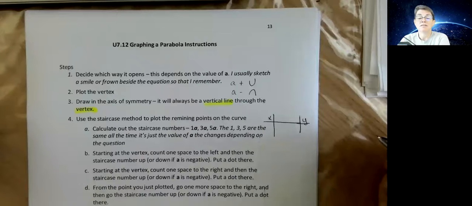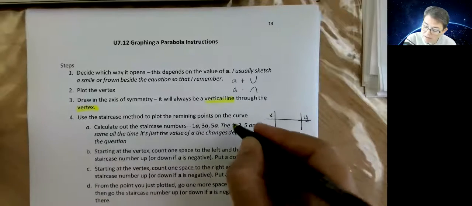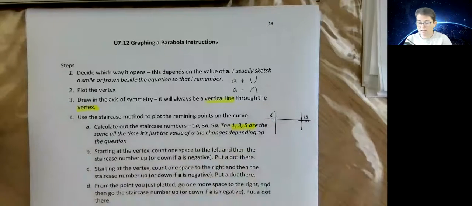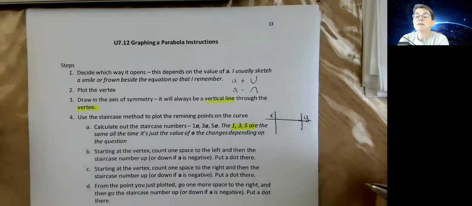These are the magical staircase numbers, and you need to remember 1 through 5. You've already got them memorized, right? You take these numbers and multiply them by the value of A, and it tells you how far to go for the staircases that you draw. You put some dots, and that gives you your parabola.